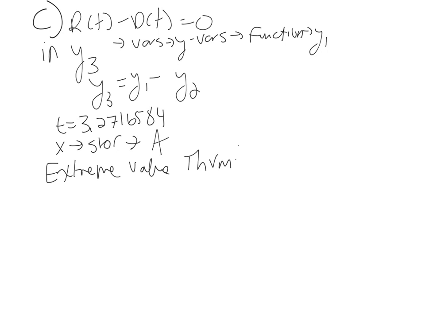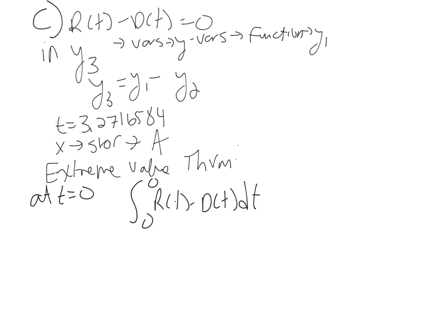So if I want to find the amount at t equals 0, that's going to be the integral from 0 to 0 of d of t minus r of t, oh sorry, reversed, r of t minus d of t, dt.